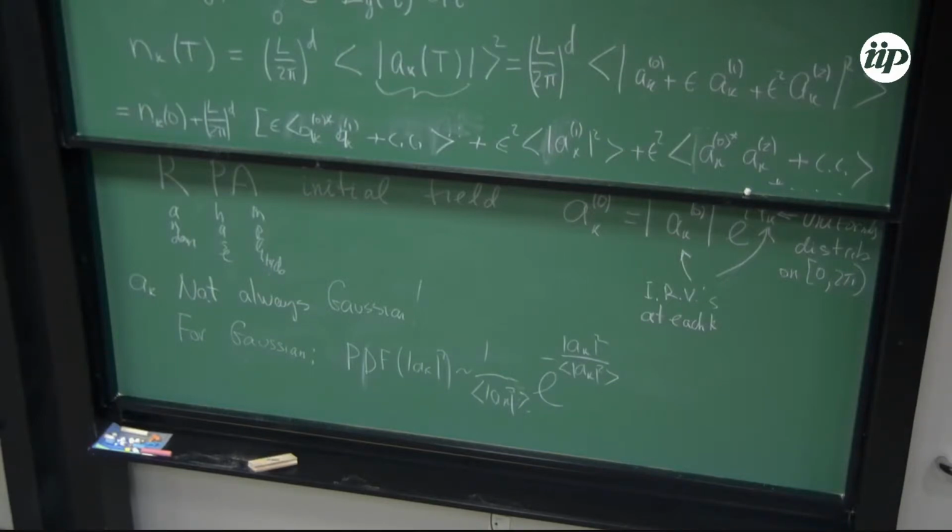Now, because the amplitudes and the phases are independent, the averaging will also be independent over them, right? And how do I do averaging? Let me consider the term that comes in the epsilon order.